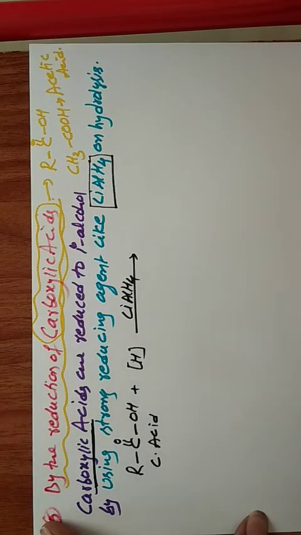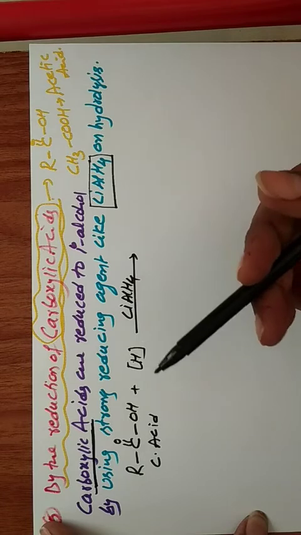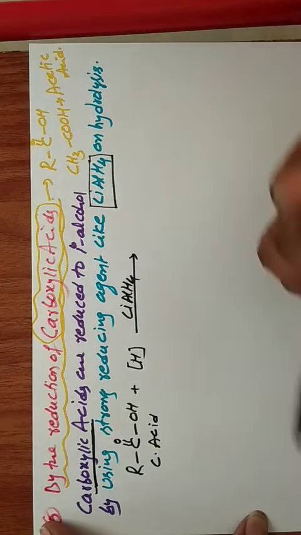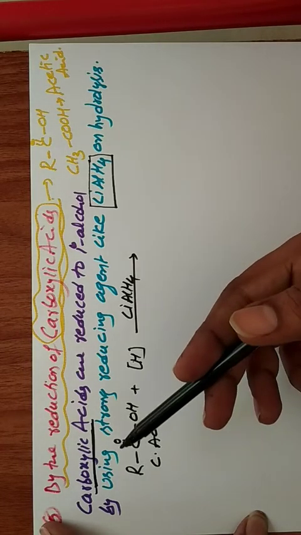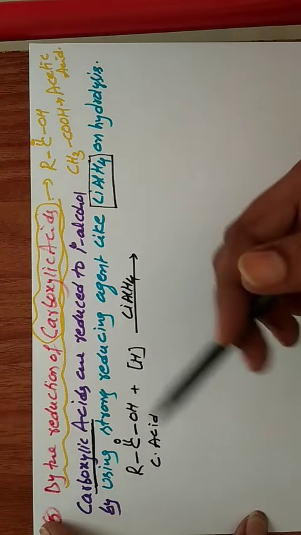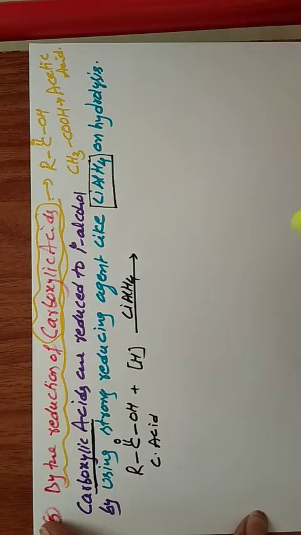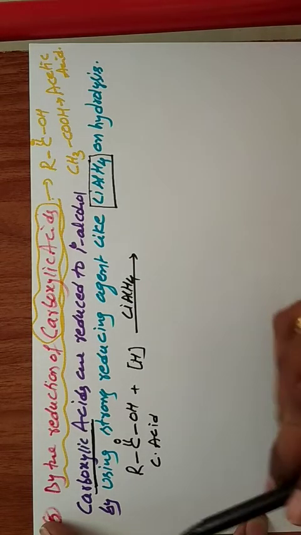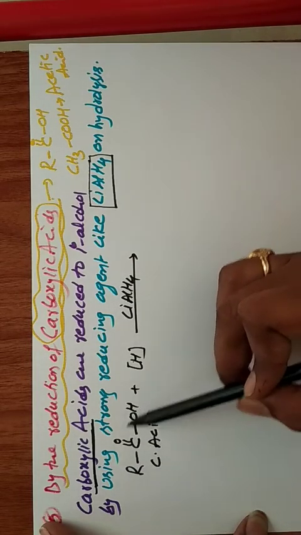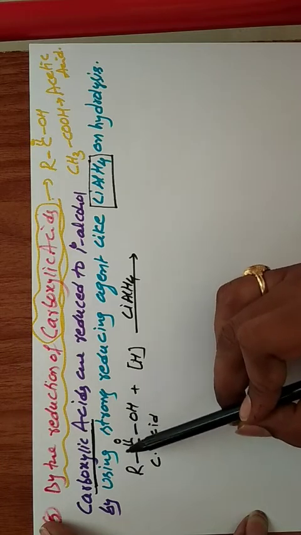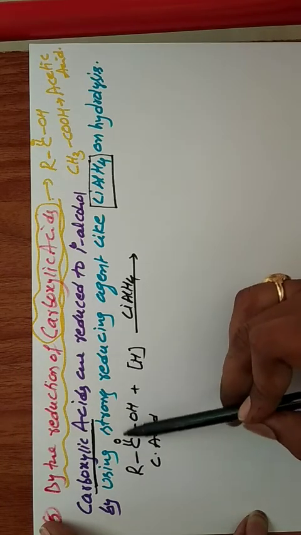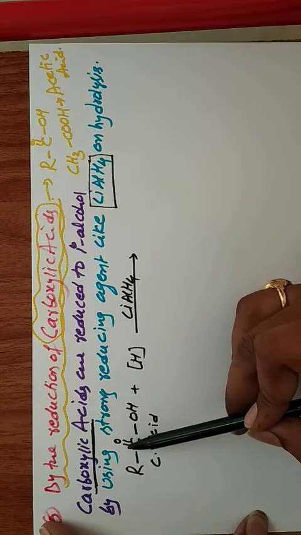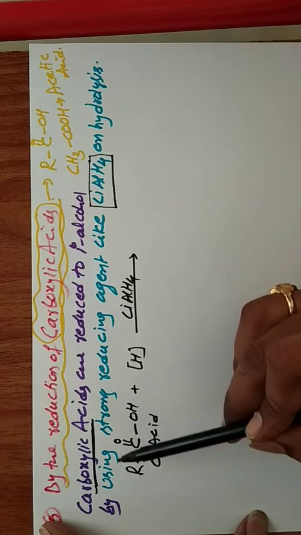That's what we discussed at first in the definition of reduction: removal of oxygen or addition of hydrogen. In the case of carboxylic acid, we use the removal of oxygen definition. This oxygen is completely removed, and these 2 bonds are filled with 2 hydrogen atoms. The oxygen is removed in the form of water, H2O.